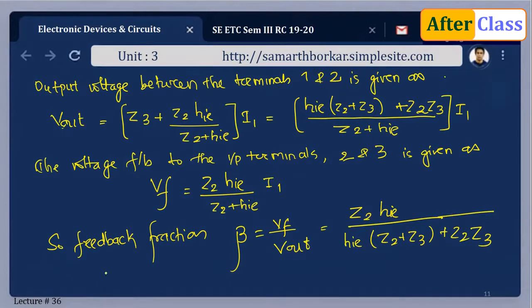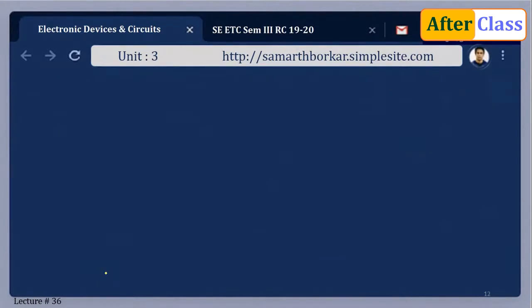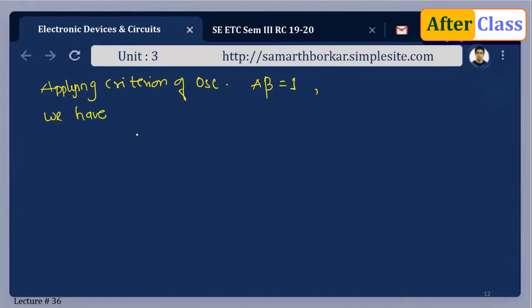Fine. And applying the criteria of oscillations, that is A beta equals 1, we have minus of hFE into ZL by hIE.